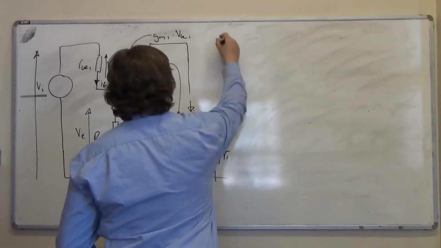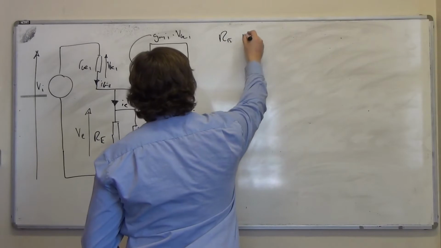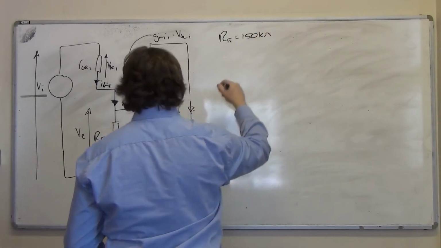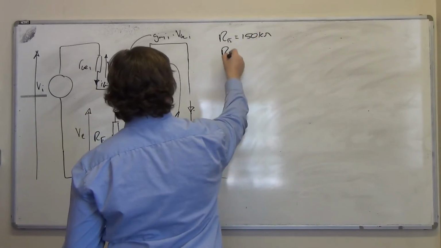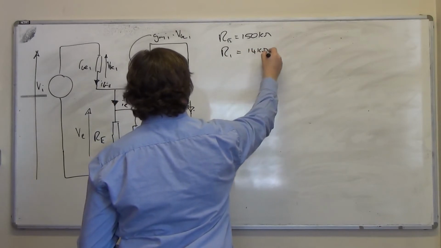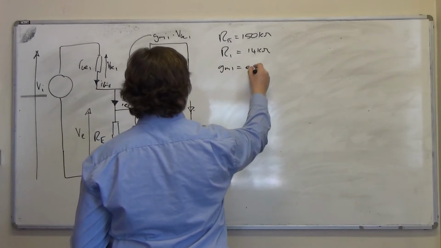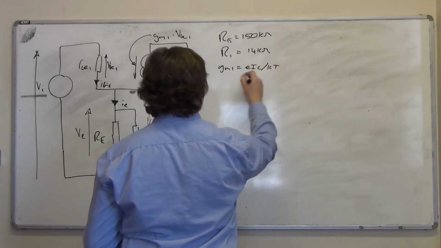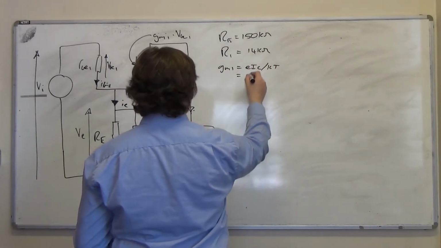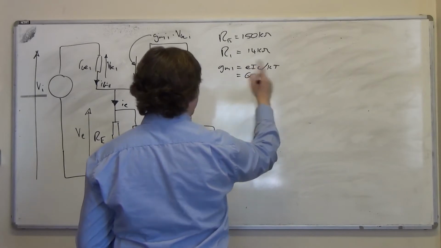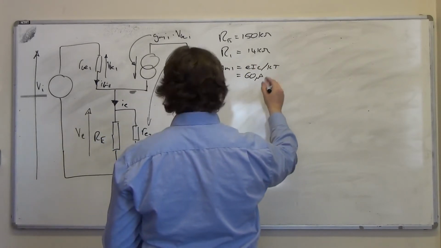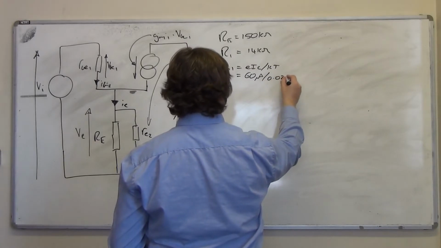So we had RE was 150 kiloohms. We have R1 is 14 kiloohms. We've got GM1 is EIC on KT, which is 60 microamps, calculated in part 1, divided by 0.026.